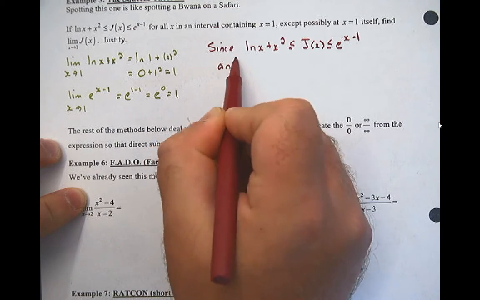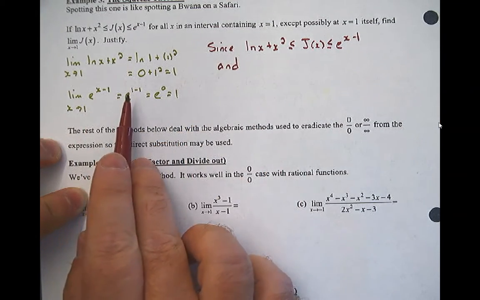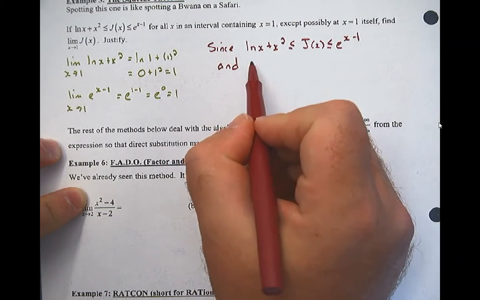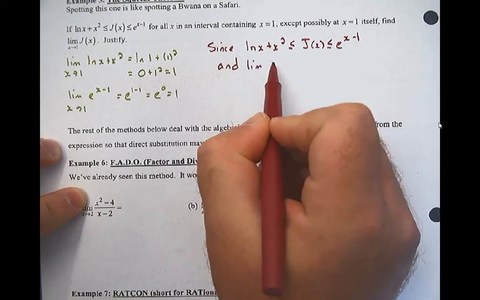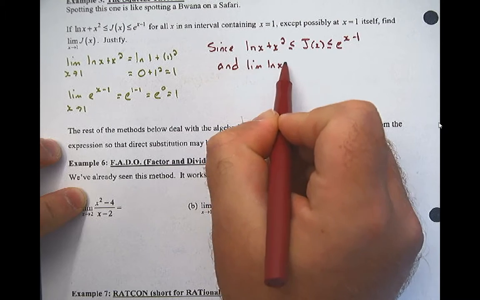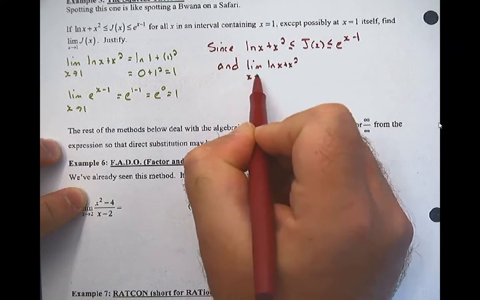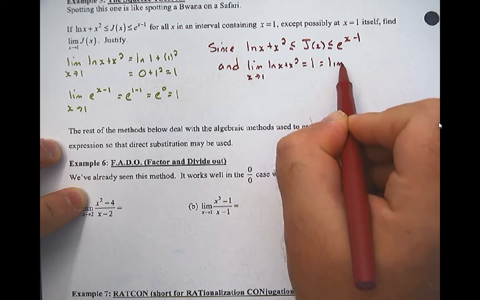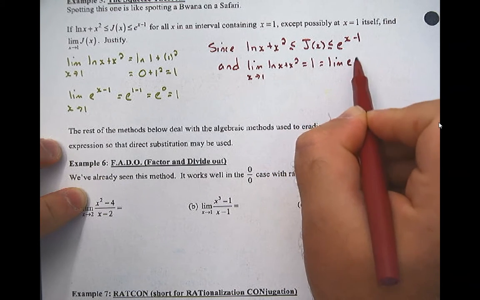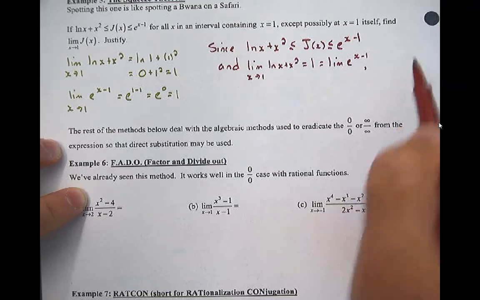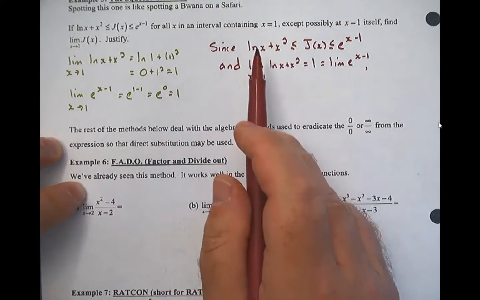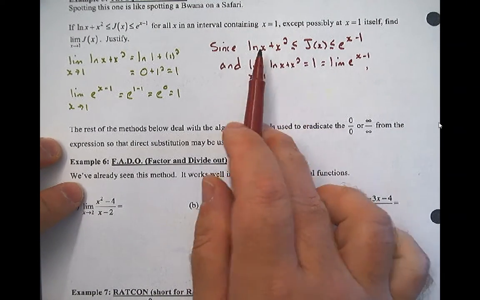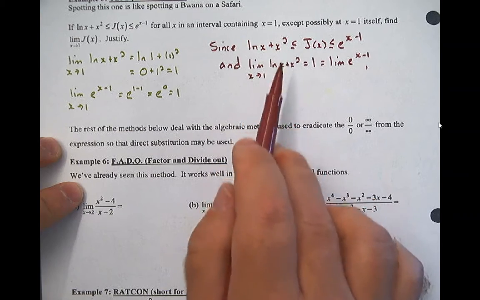And I've already established over here that those limits are equal to each other, but I still have to say it. The limit of natural log of x plus x squared as x approaches 1 equals 1, which also equals the limit of e to the x minus 1. Okay, so I've got the two requirements for the squeeze theorem.